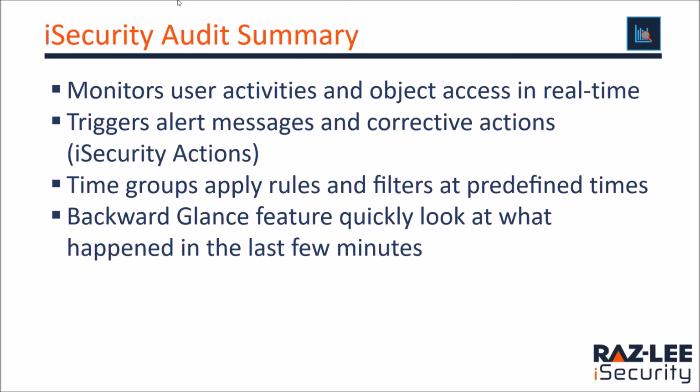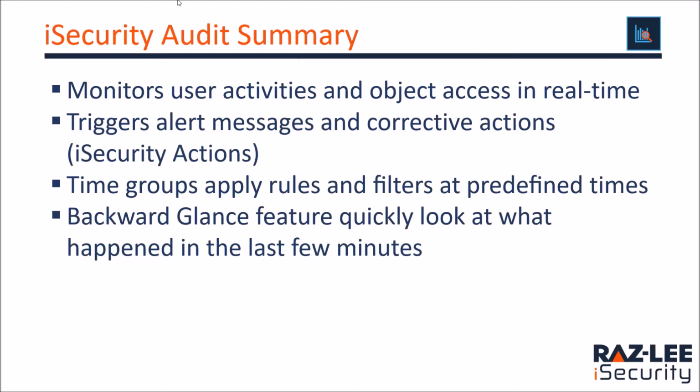So, a summary about Audit. Audit will monitor the activities and objects in real time. Audit can trigger alert messages and corrective actions. Usually you feel that the alert message is enough, but sometimes you will want to take some actions in response, and that is when iSecurity Action can perform these actions.